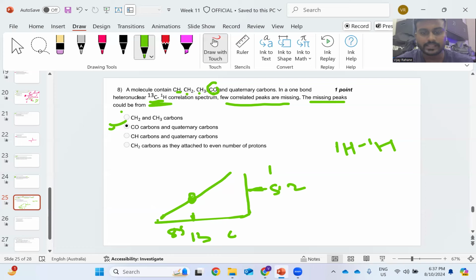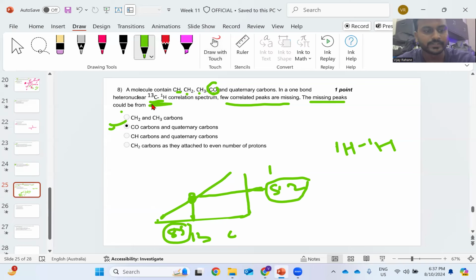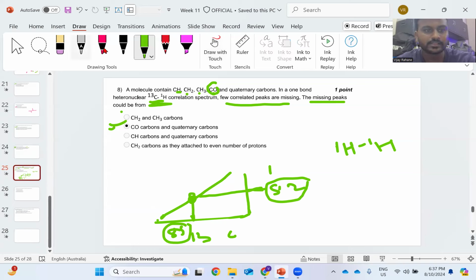What does it indicate? It indicates that the signal in the 1H NMR spectrum at 5.2 corresponds to the signal in the 13C at 85 ppm. So this carbon and this hydrogen are attached to each other. We can do this correlation using the 13C 1H correlation spectroscopy. So here the answer is the carbonyl carbon and the quaternary carbon.